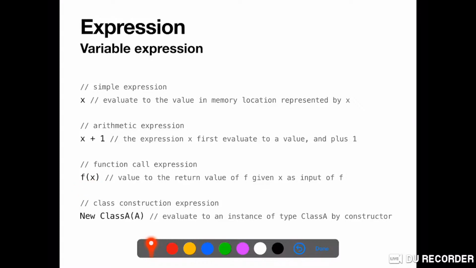A function call expression usually evaluates to the return value of f, given x as input of f. So this would be an expression. And then you have a class construction expression. It evaluates to the instance of type class A by a class constructor given input A. So all these are simple concepts about simple expressions.